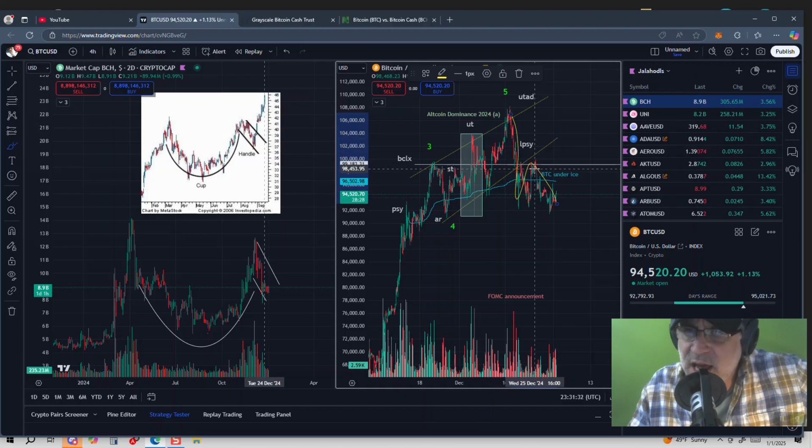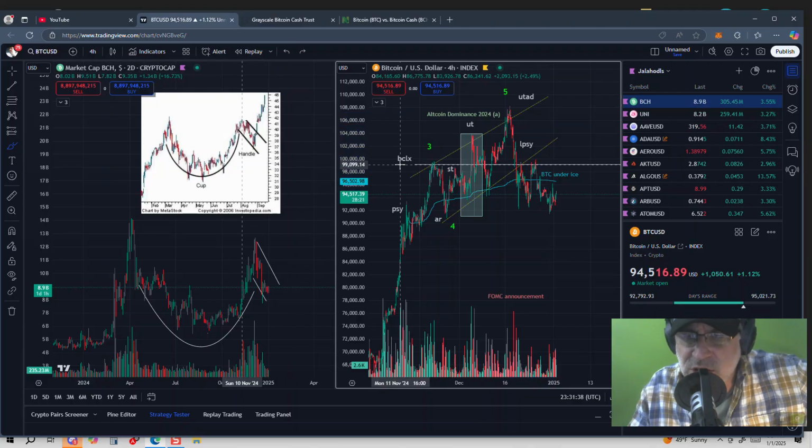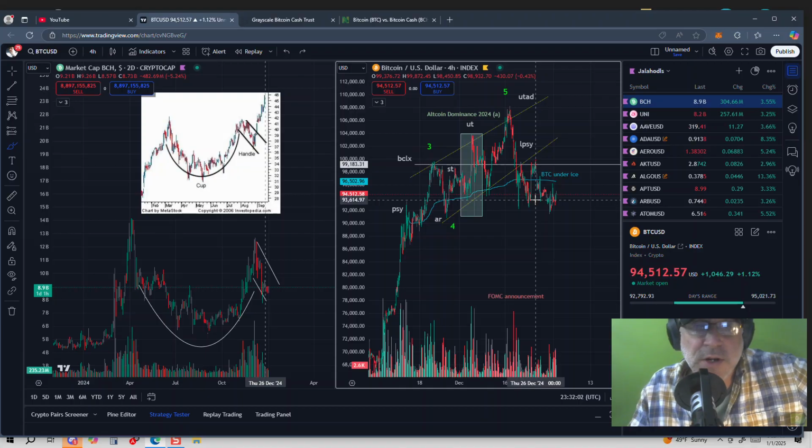Because if Bitcoin is going to distribute further, then we really don't want to start taking longs yet in any of the alts, just because usually when Bitcoin dumps, it pulls all the alts down too, for the most part. Some of them are independent and do their own thing and hold their own ground, but we don't want to take any risks. We don't know what something like Bitcoin Cash is going to do in that sort of situation. So we always want to keep an eye on Bitcoin and what Bitcoin is doing.